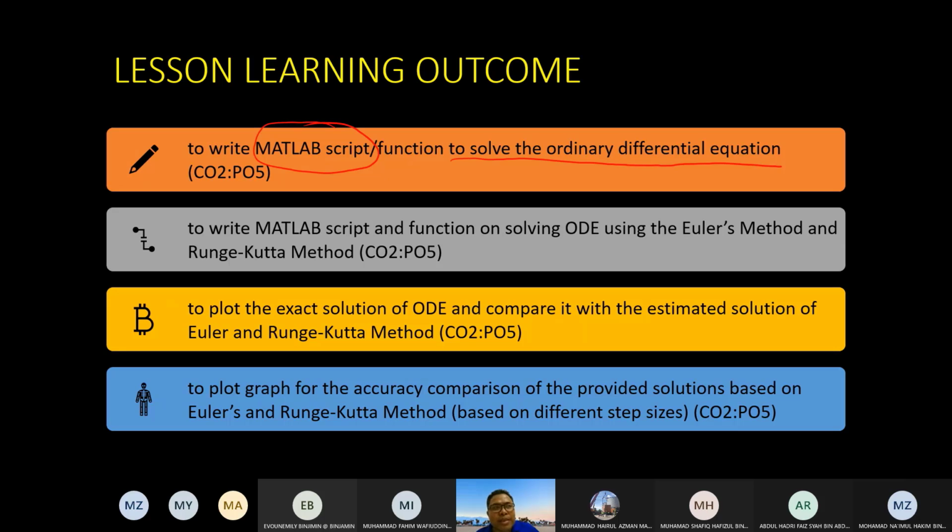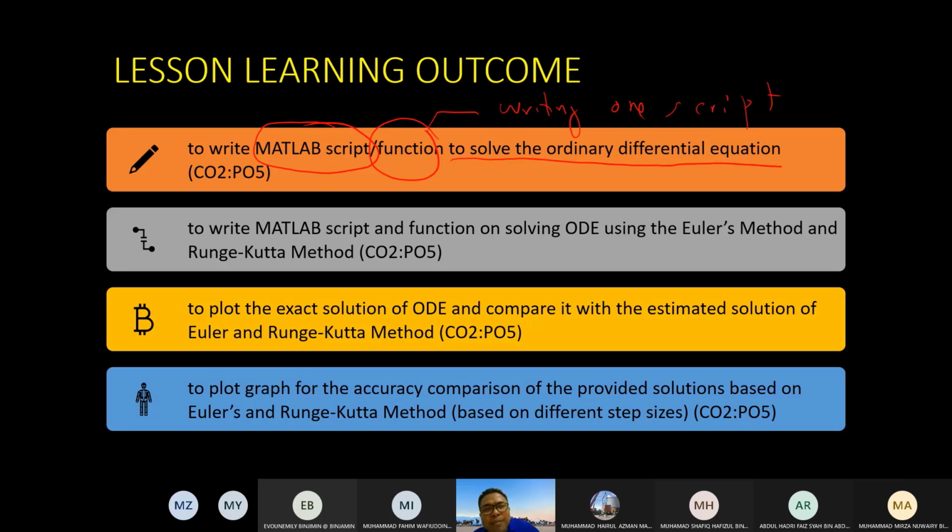Fortunately, in this semester, I want to use a much simpler way by not using a normal function, because in the previous semester I used a function script to solve this problem, and I found that a lot of students had difficulties doing that. So in this semester I changed it to be much easier, by writing only one script. I will write one script only to solve the problem.